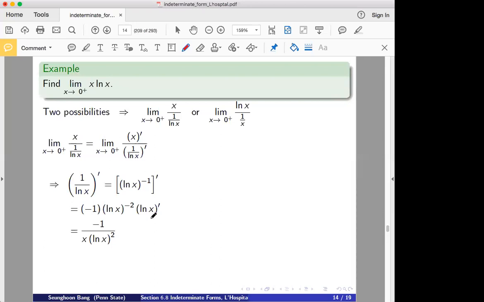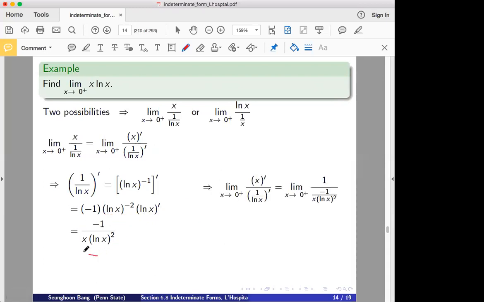You can change it to quotient form. The minus 1 times ln of x to the minus 2 is 1 over ln of x to the power 2, times ln of x prime, which is just 1 over x. So we have it like this.